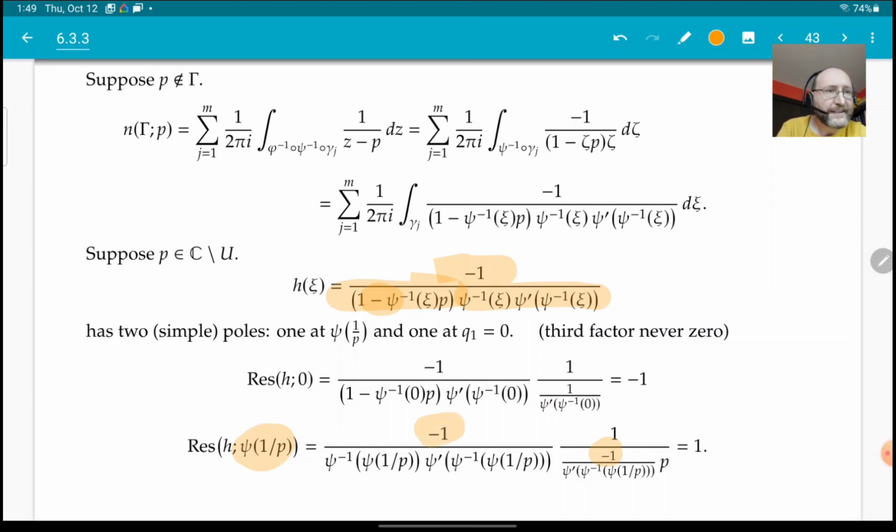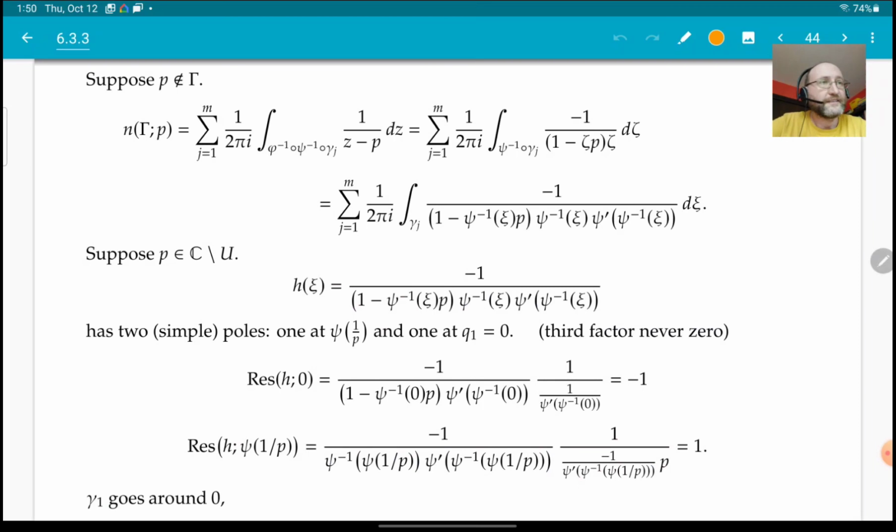This -1 cancels this -1. Then this thing just becomes 1/p, and there's a p out here, and then this thing cancels this thing. This is 1, right? So we have the residues are -1 and 1, and the point is that they have opposite sign, right? And they're equal in magnitude, right?